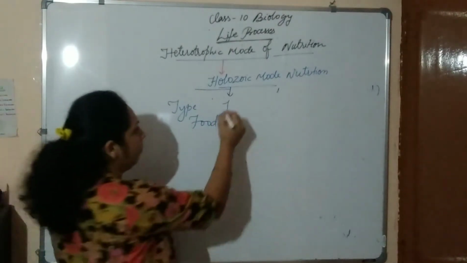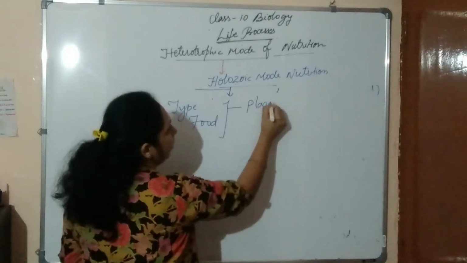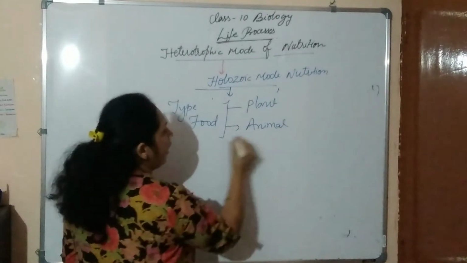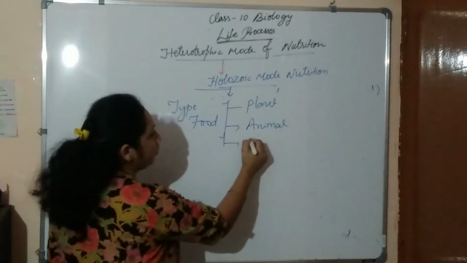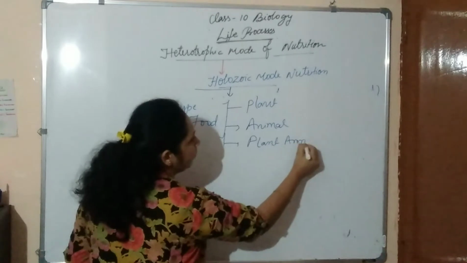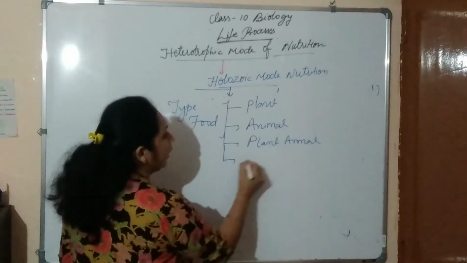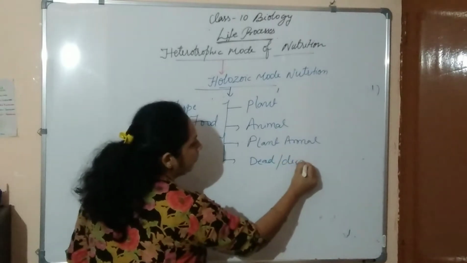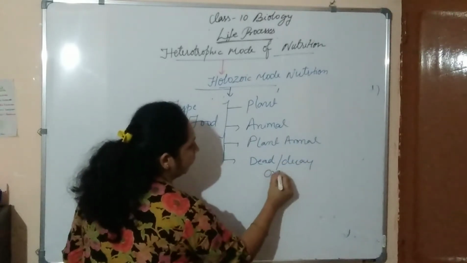They can eat plants, they can eat animals, they can eat both plants and animals, and they can eat dead and decaying organic matter.